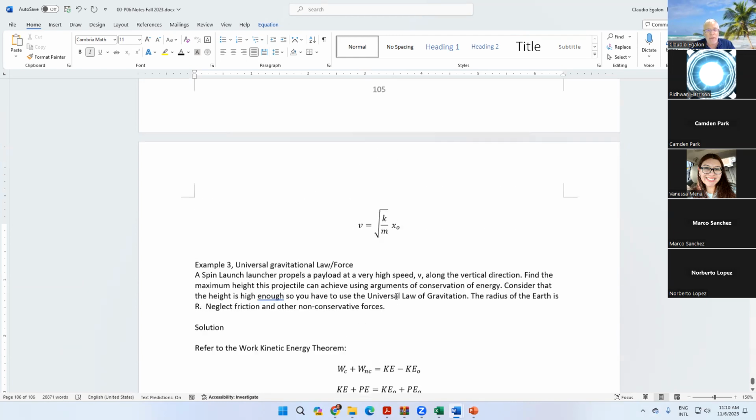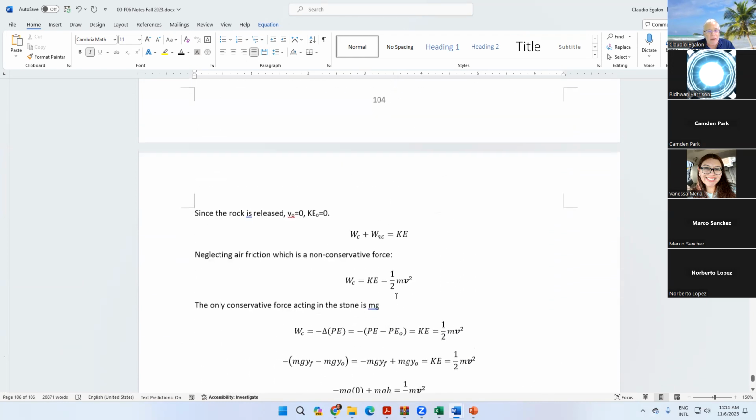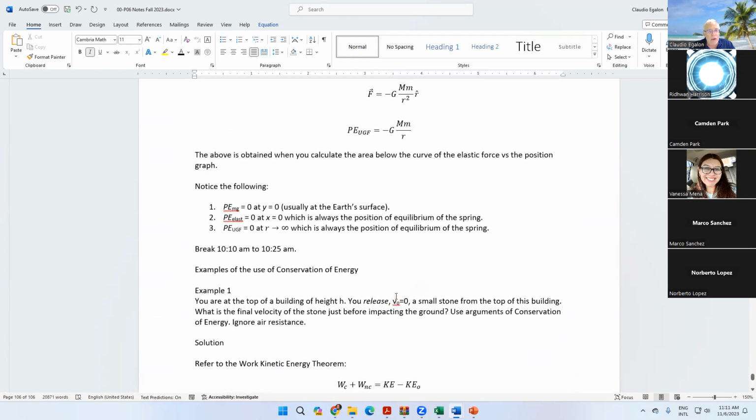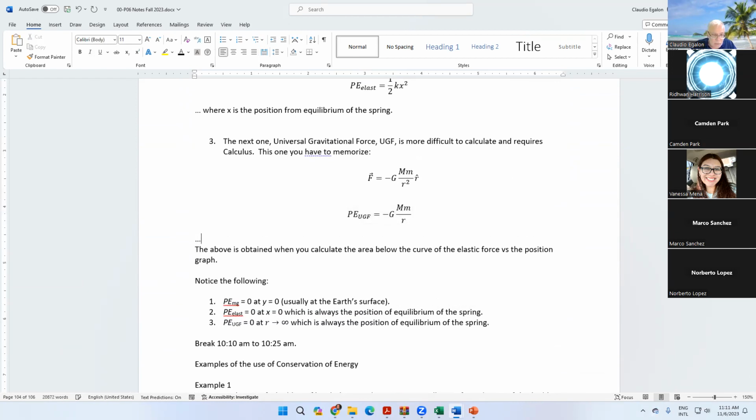Don't forget, this potential energy that you see here, this R is the distance from the center of the Earth. Small r is the distance from the center of the Earth.